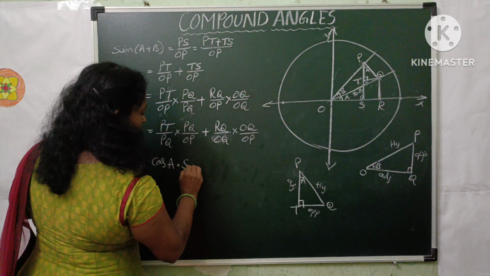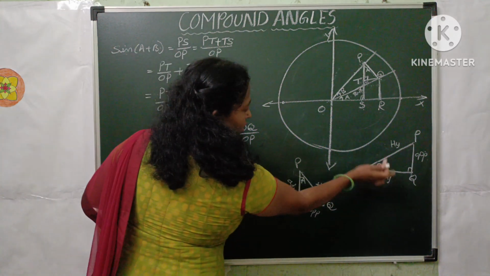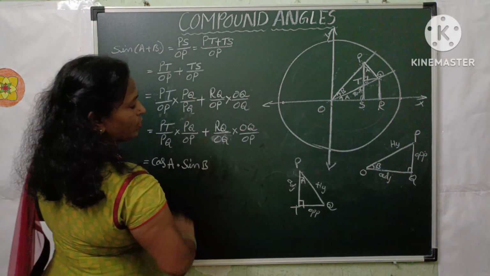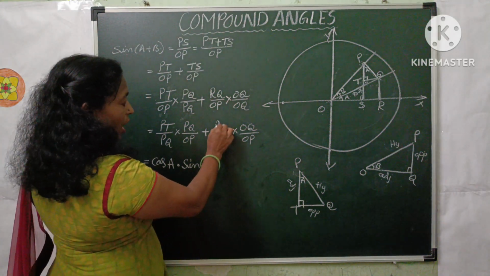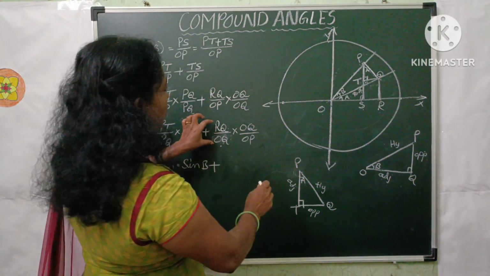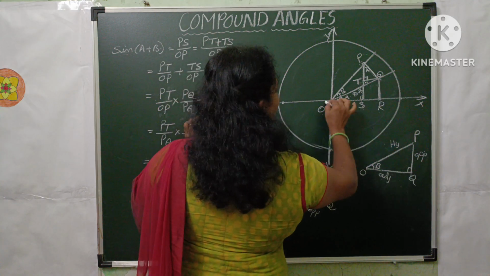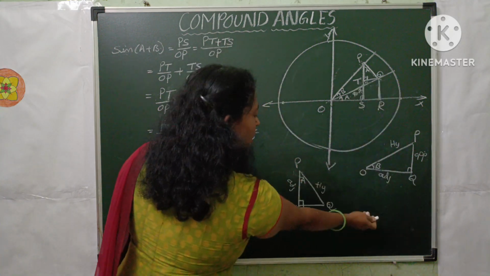So that sine, what is the angle? B. Next one, plus RQ by OP. OQ. This is RQ by OQ. Again, this triangle also write down.